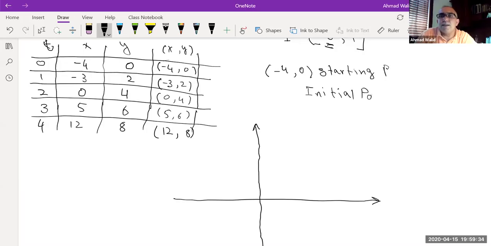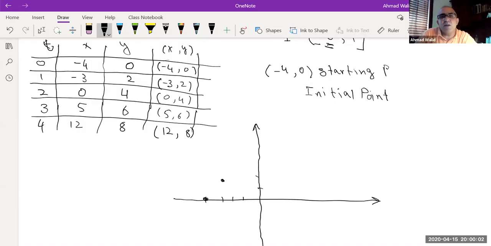Remember, your starting point means what? Your initial point, which in this problem is -4 and 0. 1, 2, 3, -4 and 0. This is my starting point. Then I have -3 and 2. X -3, Y 2, somewhere here.